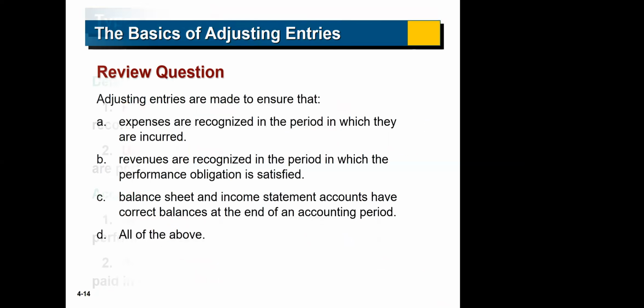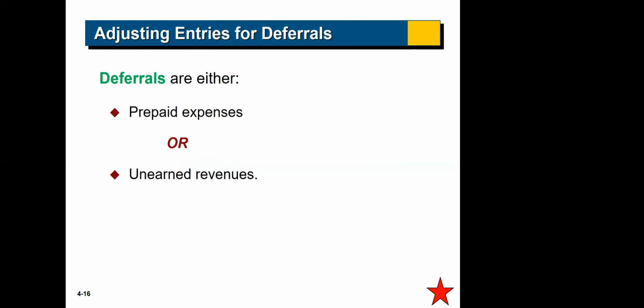Oops, I went back again. Okay. So anytime you have a deferral, it's going to be a prepaid expense or an unearned revenue. You'll want to make a note of that somewhere to help you figure these problems out.